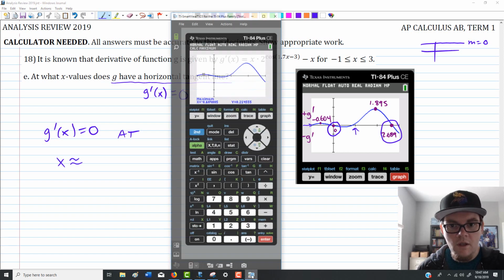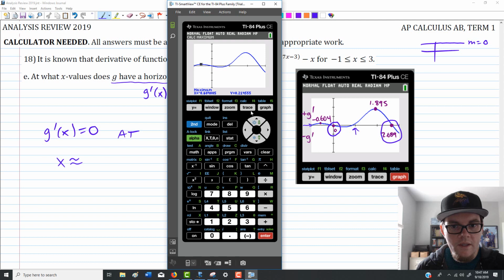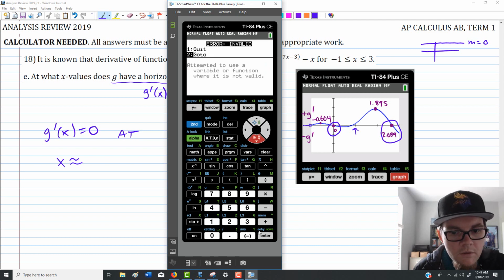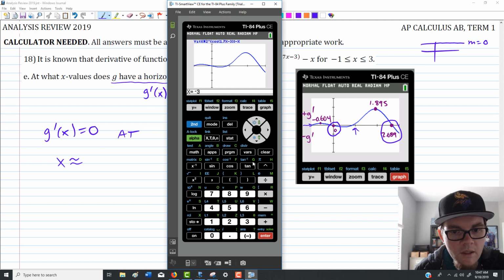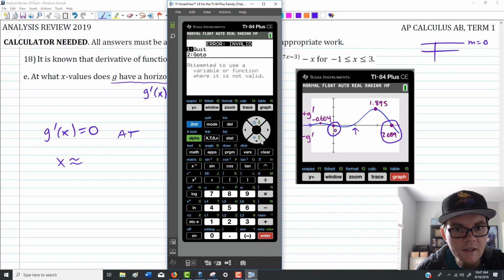So let's check zeros. First thing I want to do is check if there's a 0 at the end there. Oh, it didn't go to? Why didn't it like -3? Negative 0.99999. It doesn't like that value either. This is weird. I wonder why it doesn't like that value. Okay, well let's try it this way.